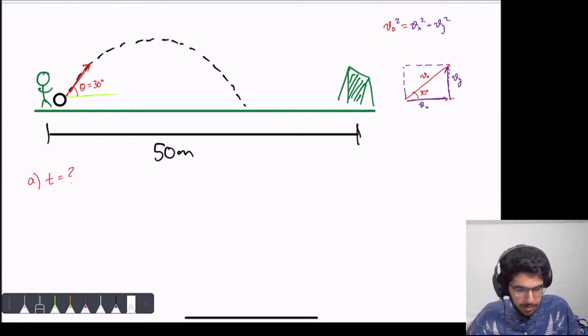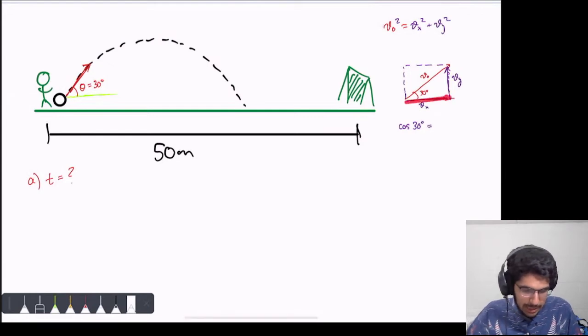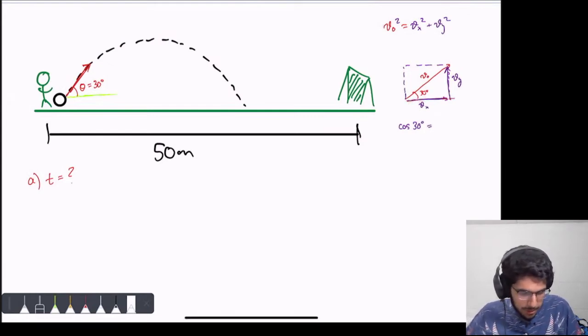So what can we do from here? Cosine of 30 degrees, what's that equal to? That's equal to the adjacent, which is this side, so that would be Vx divided by the hypotenuse, which is this side, so divided by V naught, and that tells us that Vx equals V naught times cosine of 30 degrees.